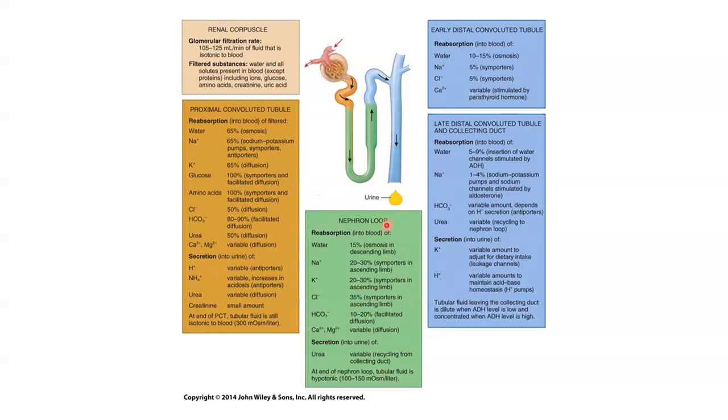This is dependent on our blood pH, and then some other waste products down here. In the nephron loop, we have reabsorption of water, sodium, potassium, chloride, bicarbonate, and then those variable substances down here again, so our calcium and our magnesium. We also secrete urea.